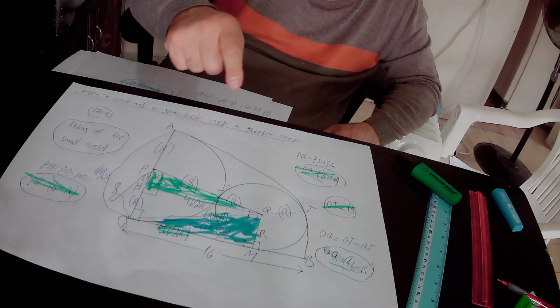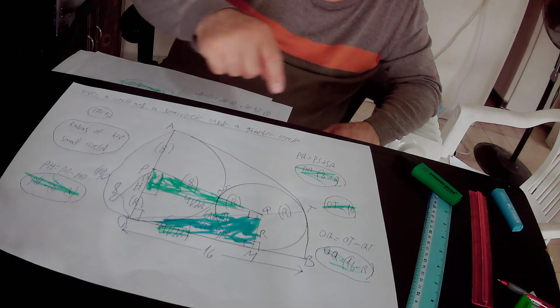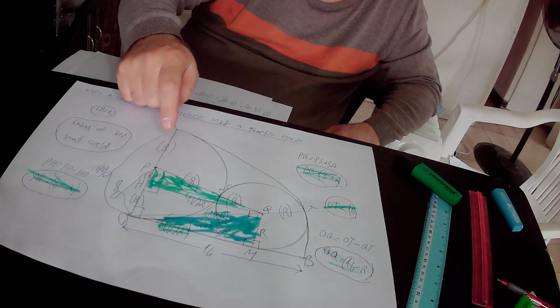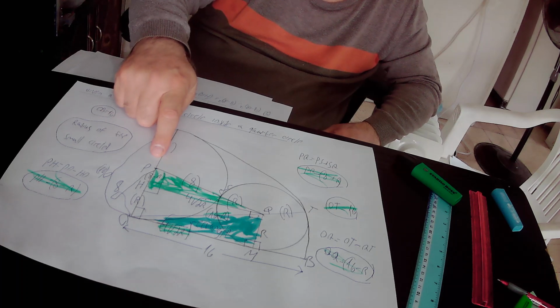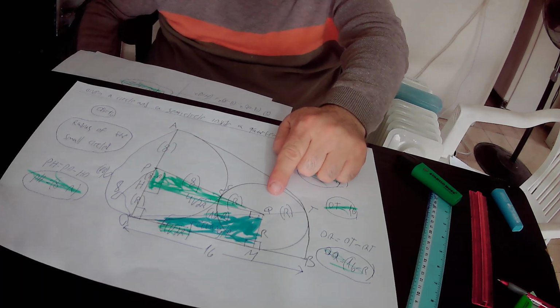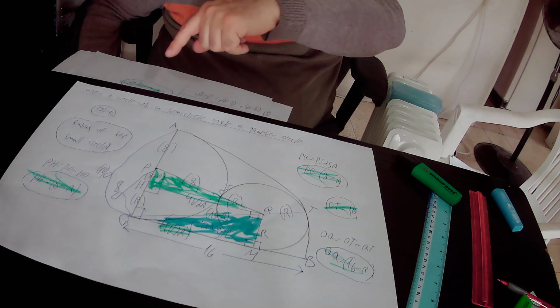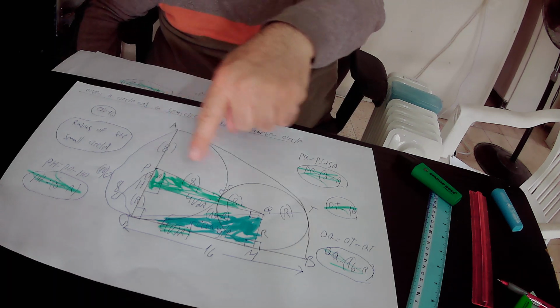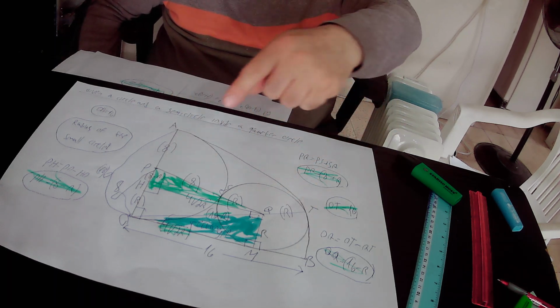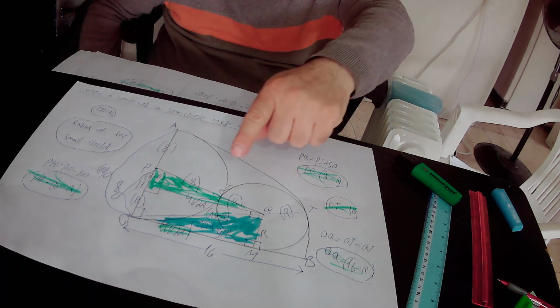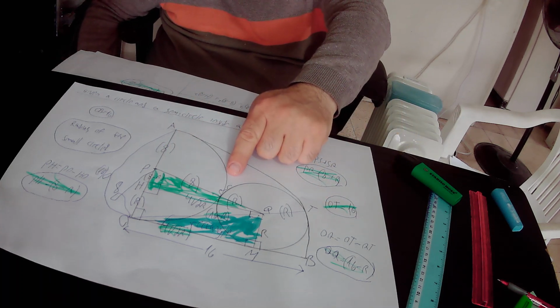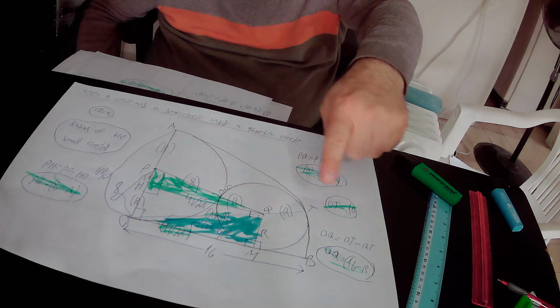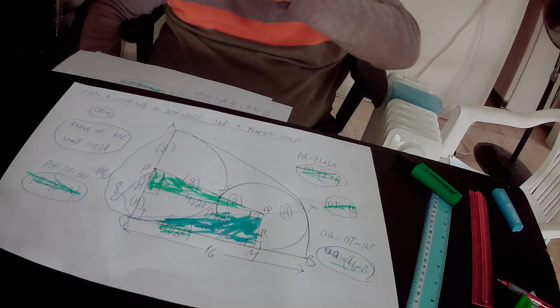The center of this semicircle is at point P. The center of this small circle is at point Q. So the straight line that connects the centers together is the straight line PQ. According to rule 10, the straight line PQ must pass through the touching point, that is point S, or PSQ is one straight line. Again, PSQ is one straight line.